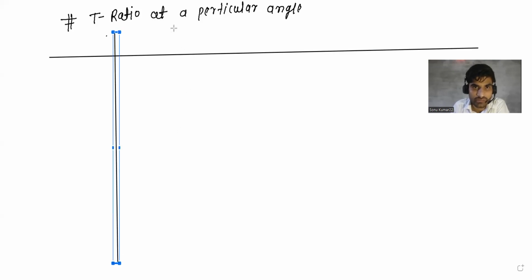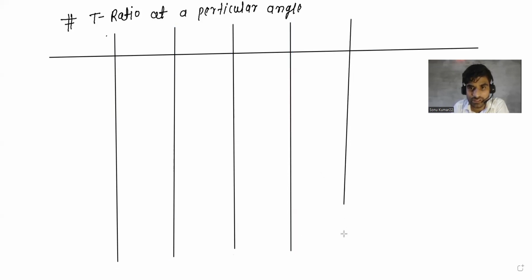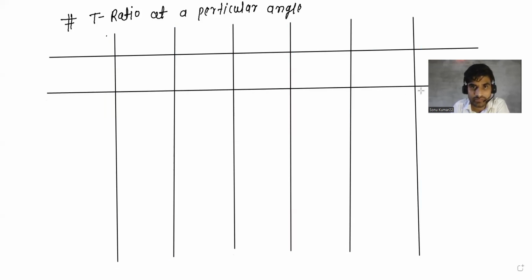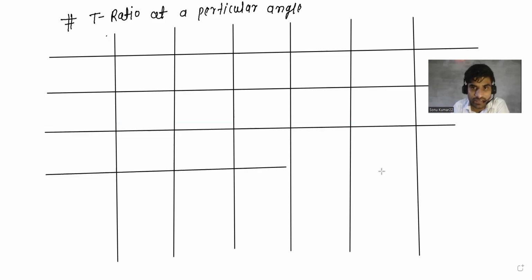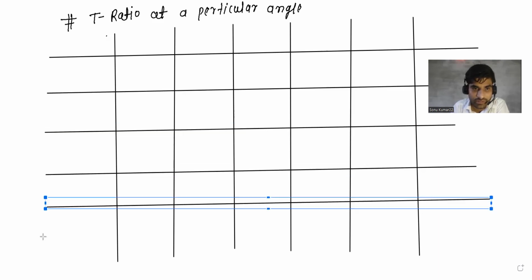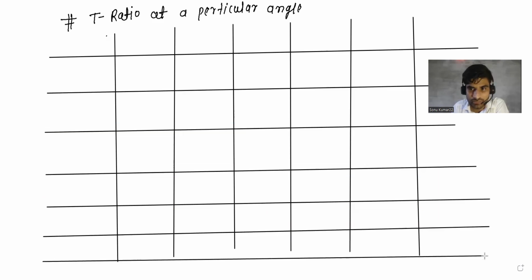This is the 0 degree, 30 degree, 45 degree, 60 degree, and 90 degree. Here sine theta, cos theta, tan theta, cot theta, sec theta, and cosec theta.